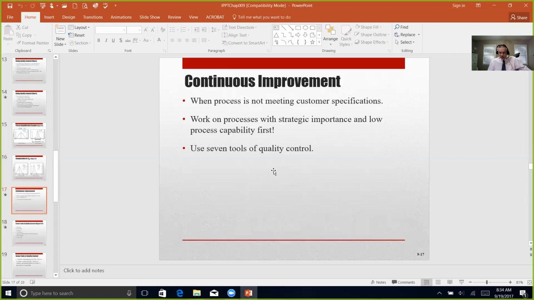that customer. Over on figure 9.5 on page 201, they give us these 7 tools of quality control: flow charting, cause and effect, check sheet, scatter diagram, histogram, control charts, a Pareto chart.